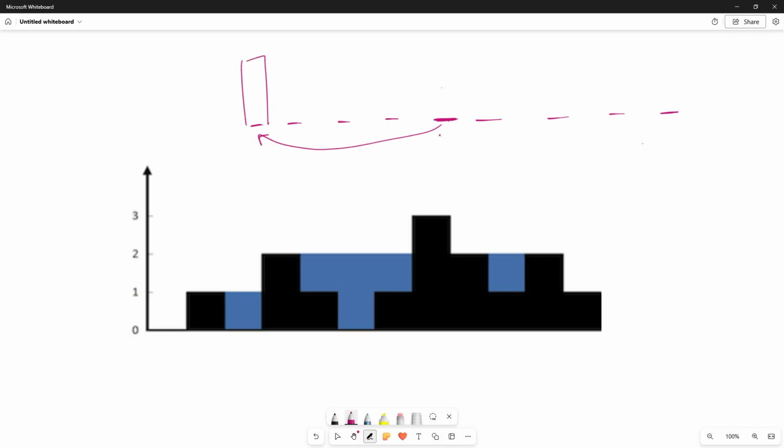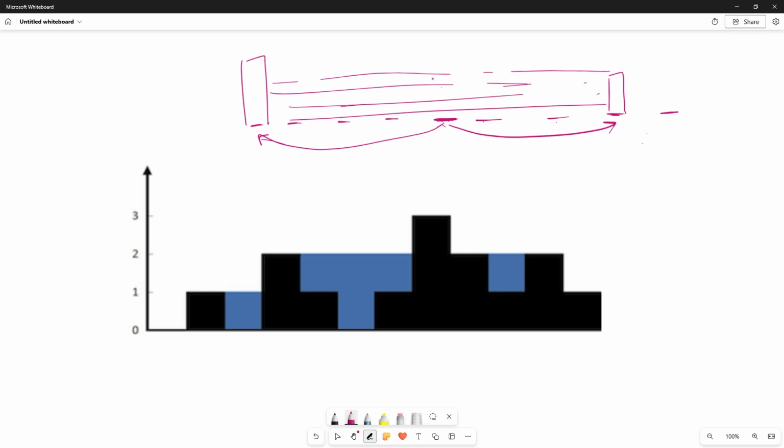Then we have the largest bar toward the right side, and these are all smaller than these two. Now these two bars will fill the water, so at this position this is the amount of water that we can collect.